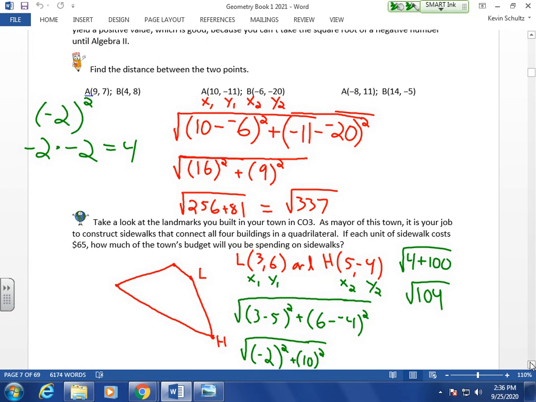Now, your calculator, this is a good place to talk about this. Your calculator does exactly what you tell it to do. It's a machine. It's a computer, right? So if you type in -2 squared and you're wondering why you get -4, it's because you didn't tell your calculator to do this.